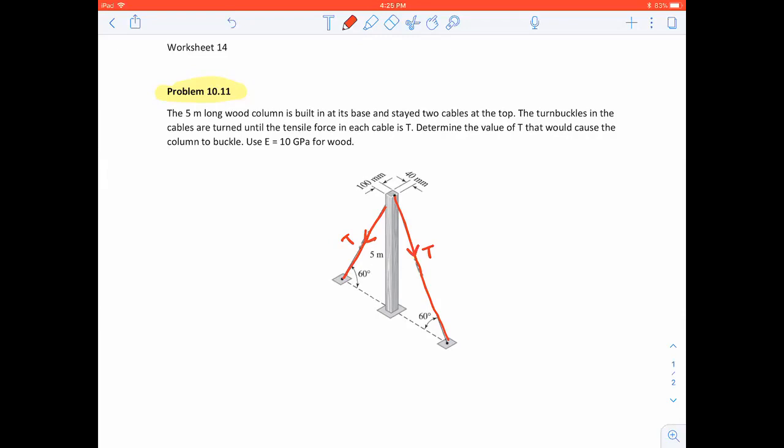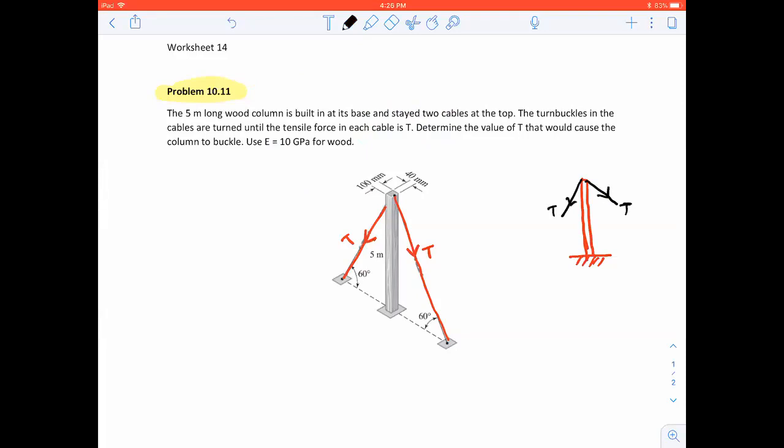So let's analyze this problem. This is say your column, and you have two cables here. The cables are applying a load of T on either side.